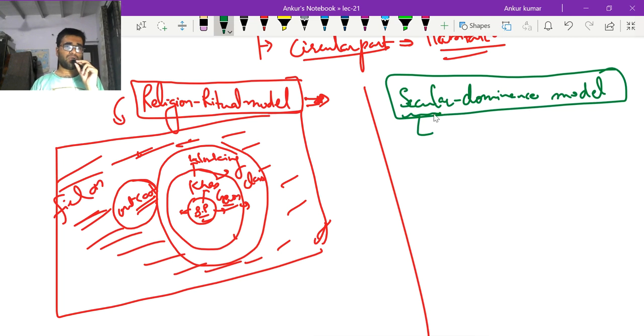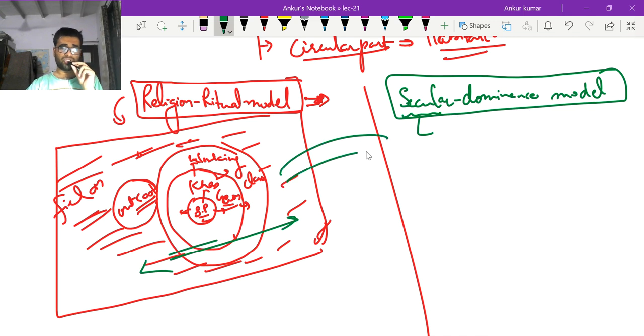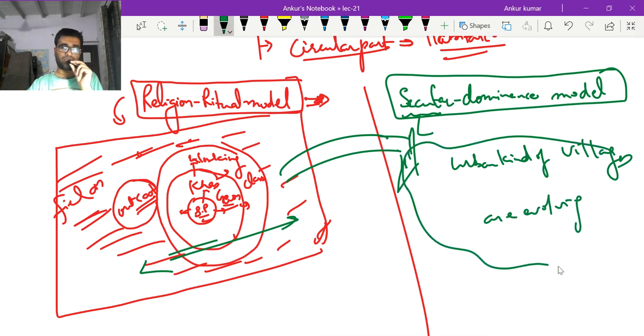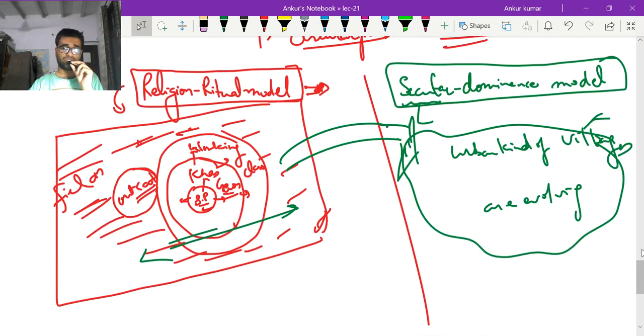What were the reasons that this kind of distinction in the rural settlement changed to a secular dominance model? Urban kind of villages are evolving, which are free of the caste factor and the distinctions. So let us study those factors that led to this change.